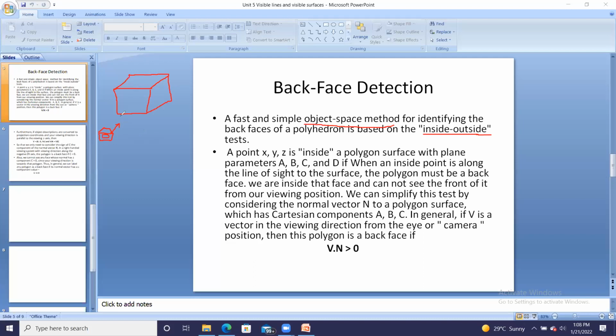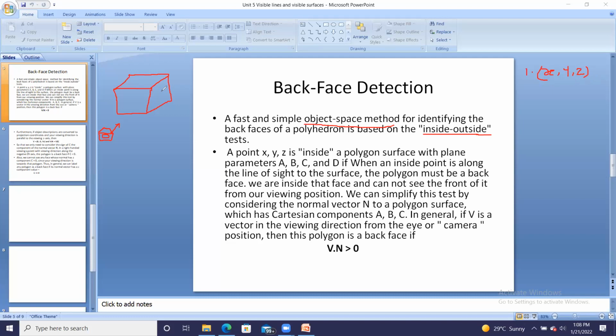Now, in this algorithm, first it checks any random point x, y, z, because any point in the 3D object has 3 coordinates x, y, z.